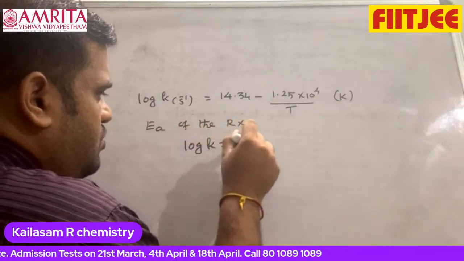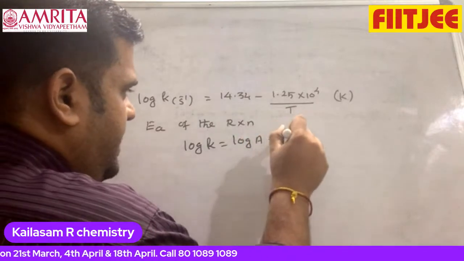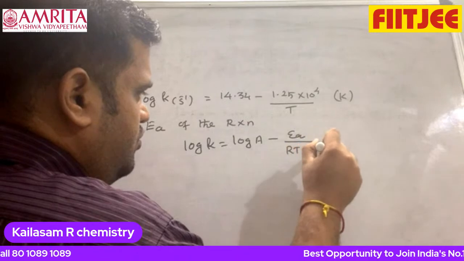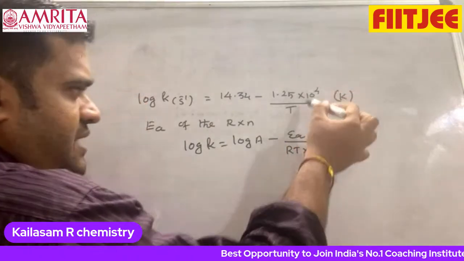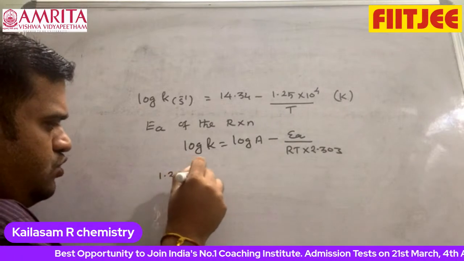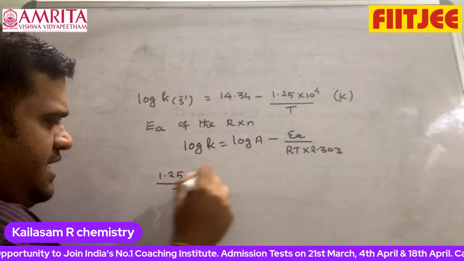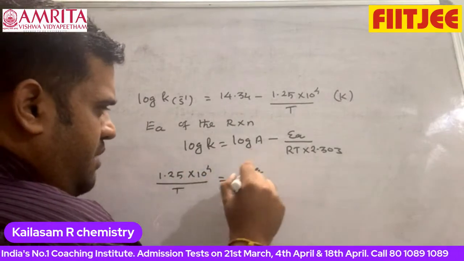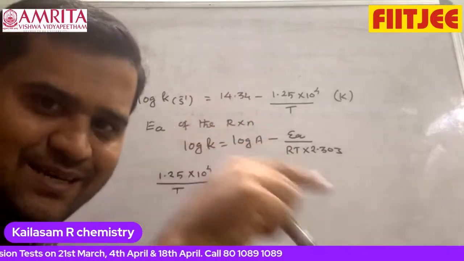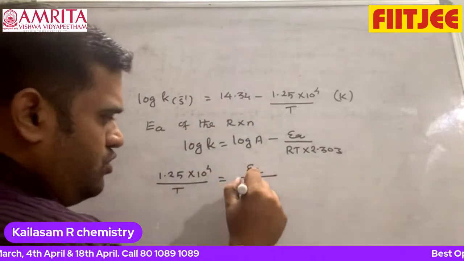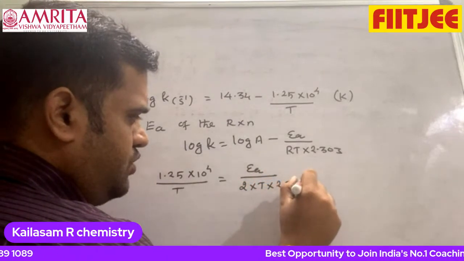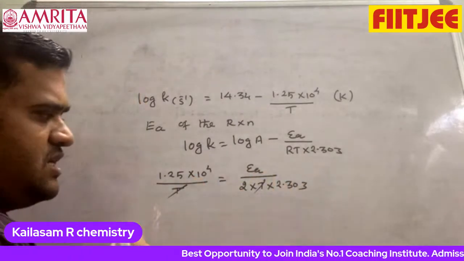Compare. Log K is equal to log A minus EA by 2.303 RT. Compare this and this. Therefore, 1.25 into 10 power 4 by T is equal to EA by 2.303 RT. We can express EA in terms of kilocalories, therefore R is 2. This T will be cancelled off.